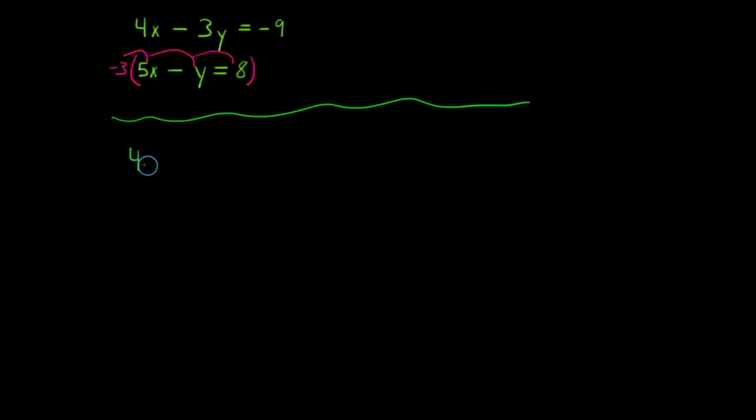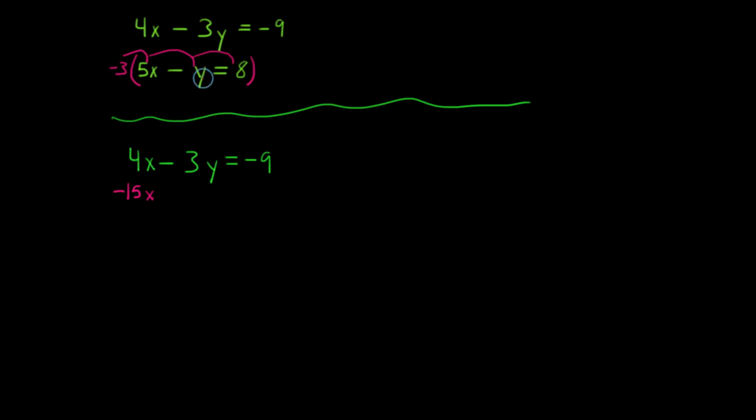So for the first equation, we have 4x minus 3y is equal to negative 9. Now I'm going to rewrite my new equation below that. But as I'm writing the new equation below, I'm going to align all of the terms in both equations. So negative 3 times 5 will give me negative 15, so I have negative 15x.